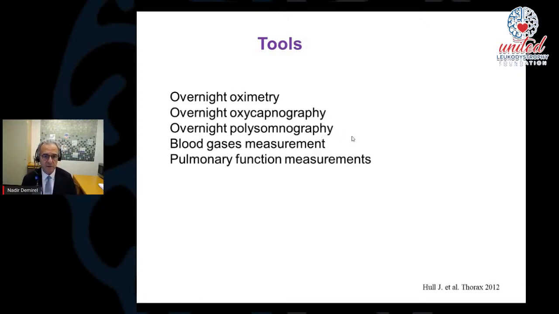The fourth tool is blood gas measurements. Blood gas can be measured from a heel stick or finger stick, which is called capillary blood gas. It can be measured from your artery, which is called arterial blood gas.